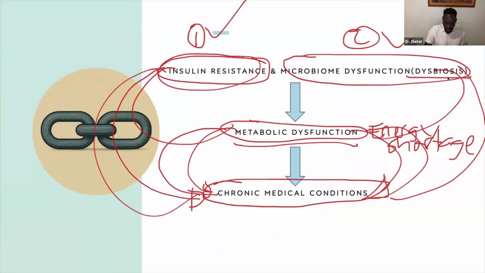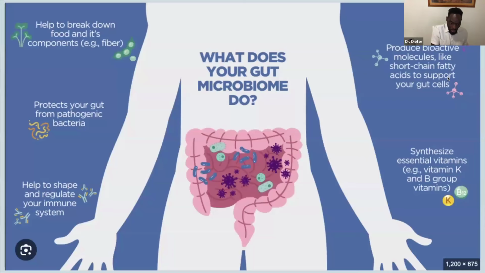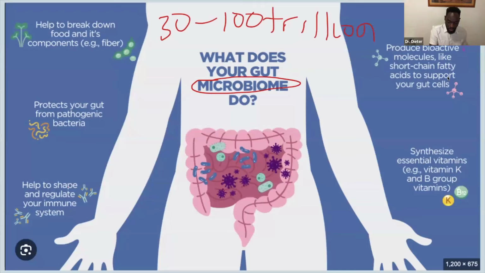The second thing I want us to examine is this second entity, microbiome dysfunction or dysbiosis. To be able to understand what microbiome dysfunction or dysbiosis is, it's important to understand what the microbiome is. The microbiome is a group of about 30 to 100 trillion bacteria that live in our large intestine, and they perform a very important function.